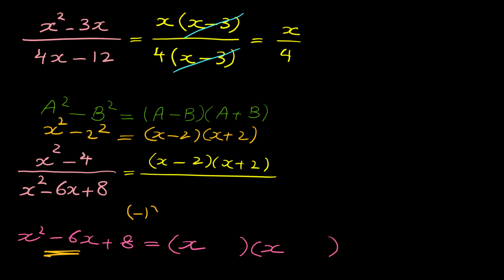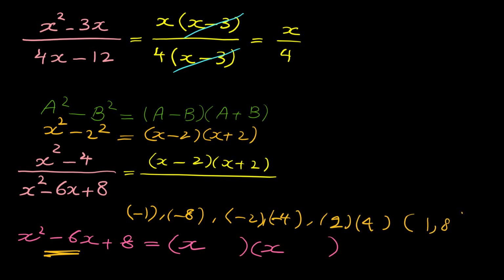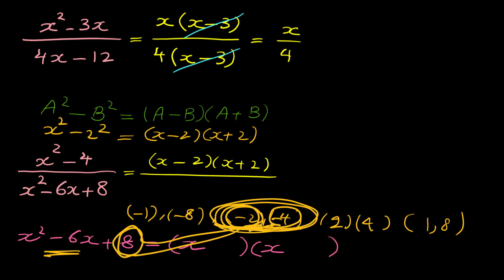Between these pairs, negative 1 and negative 8, negative 2 and negative 4, 2 and 4, 1 and 8, the only one that satisfies both conditions are these numbers. Negative 2 times negative 4 is 8. Negative 2 plus negative 4 is negative 6.